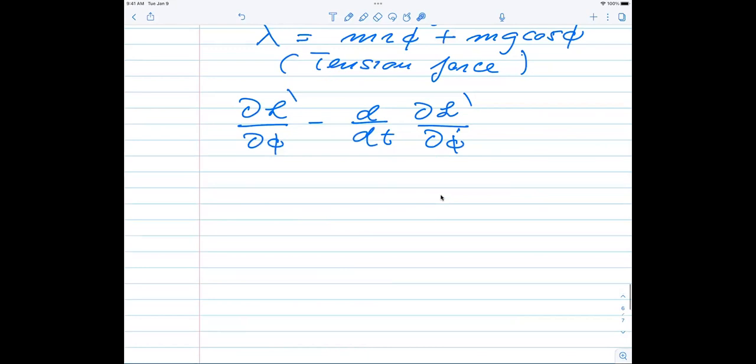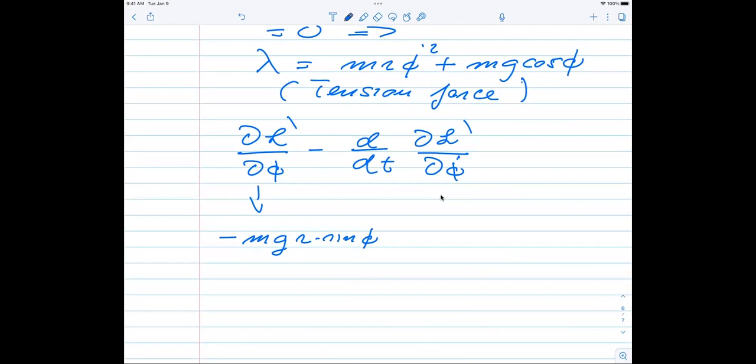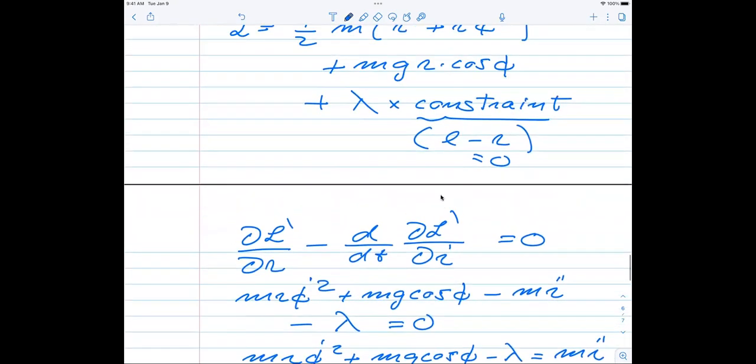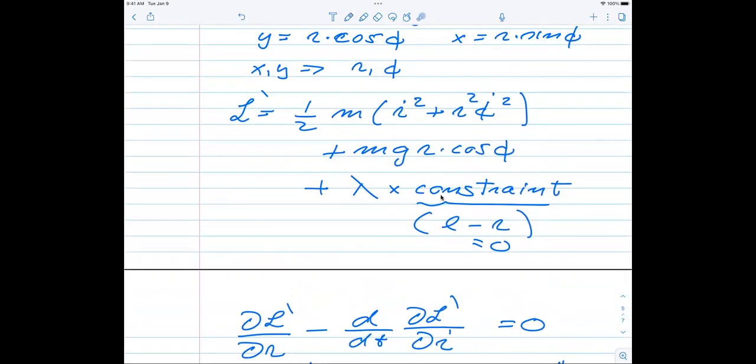If I take this term here, this is going to give us a minus m times g times r times sine of phi. And if I take the second term, the velocity dependent term, that contains a derivative with respect to the angular velocity.